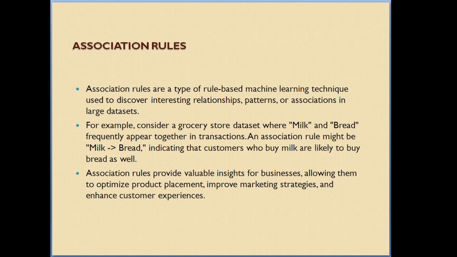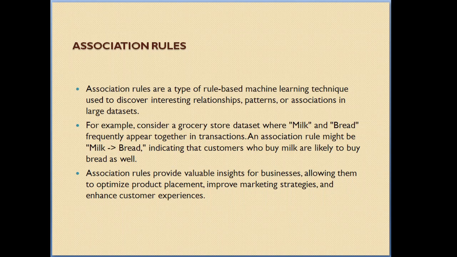Now, if we consider a data set, we talk about all the items inside it. We talk about the features inside it. So, in association rule, we take those item sets and find some relationship between them. For example, we have grocery store data where we have milk and bread as an item set.